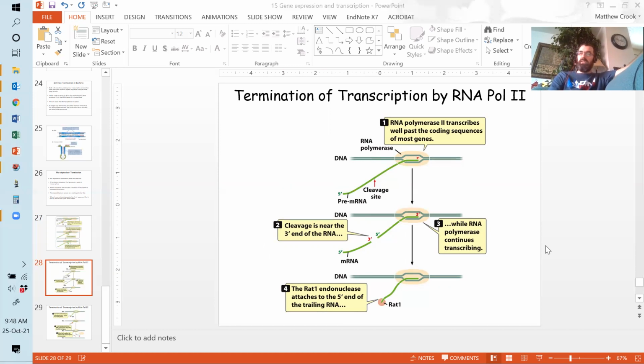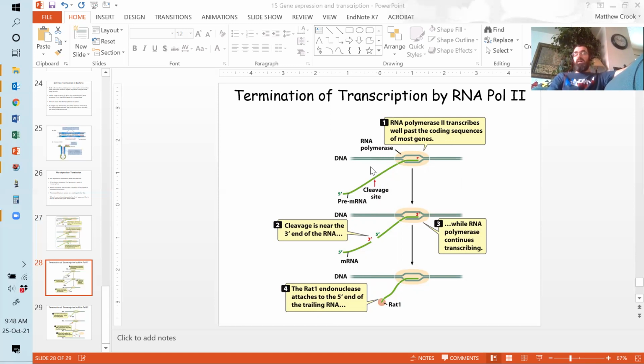Oh, sorry, I got a question here. Well, a lot of it, Caitlin, is actually down to sequence recognition, right? The whole assembly of RNA polymerase is guided by specific sequences in the promoter for both prokaryotes and eukaryotes.